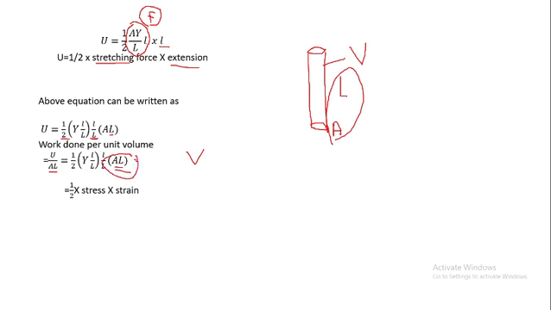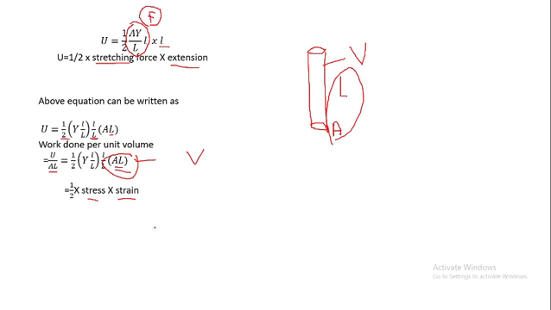So after AL is cancelled, you get 1/2 Y l divided by L into l divided by L. Y l divided by L is nothing but stress, and l upon L is the strain, that is the change in length to the original length. Y into l divided by L is nothing but the stress.